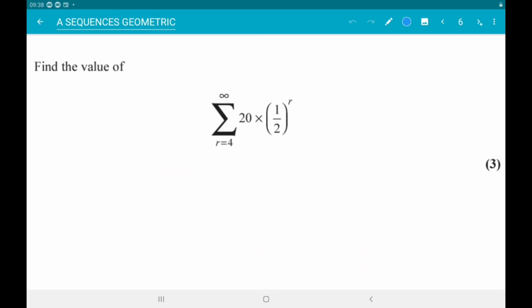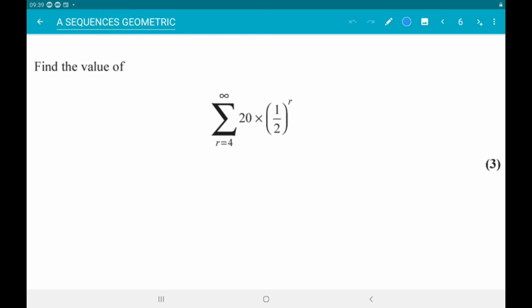Number 3. Find the value of the sum from r is 4 to 20 of 20 times 1/2 to the power r. Alright, so Edexcel are really annoying at this. They like to use r when we need it for something else.